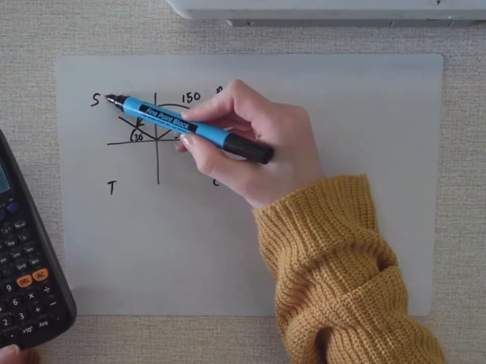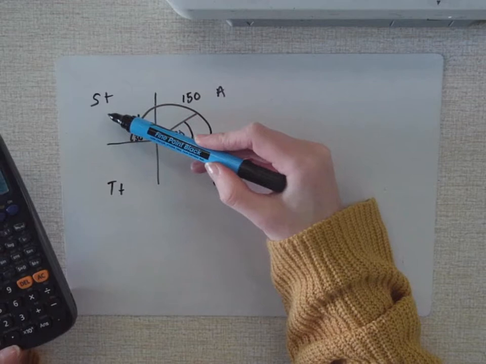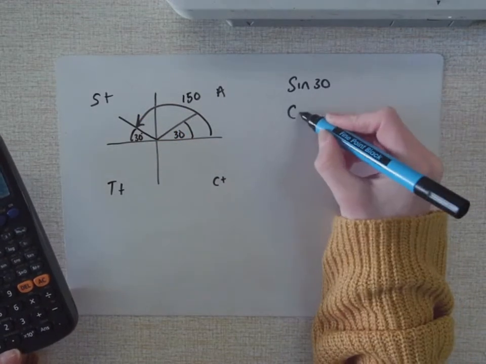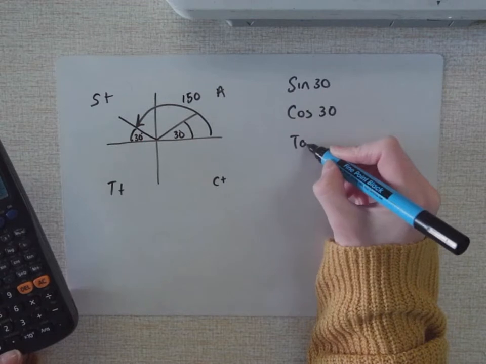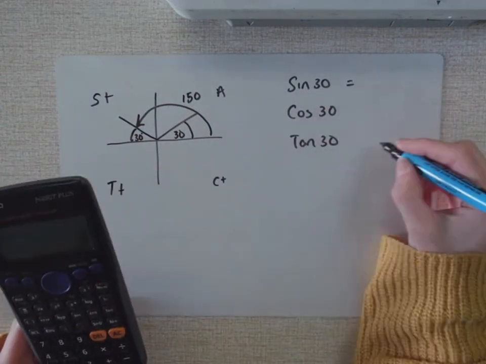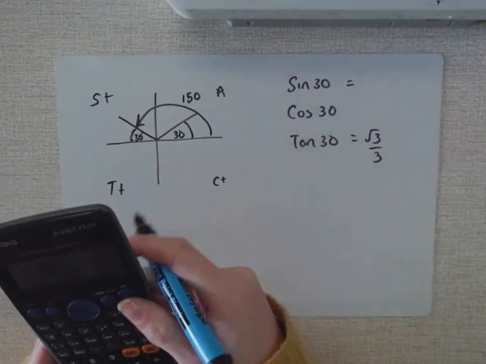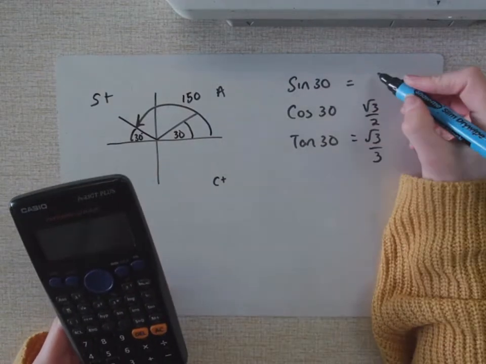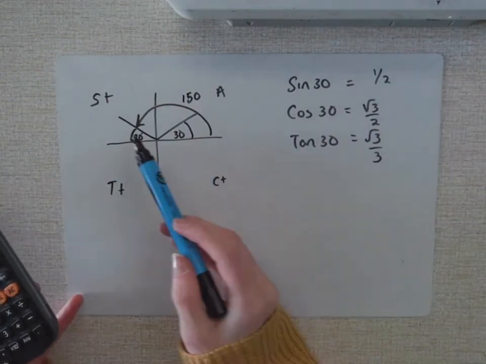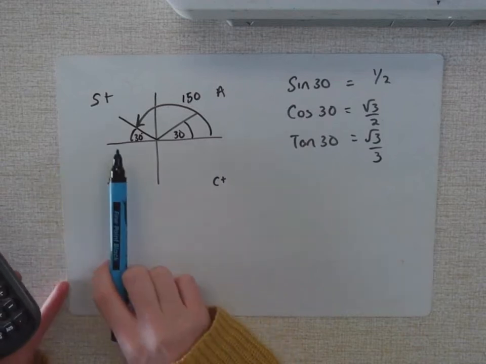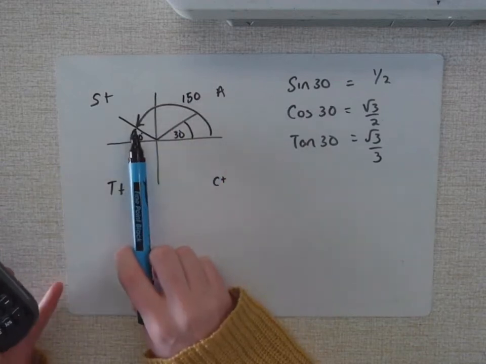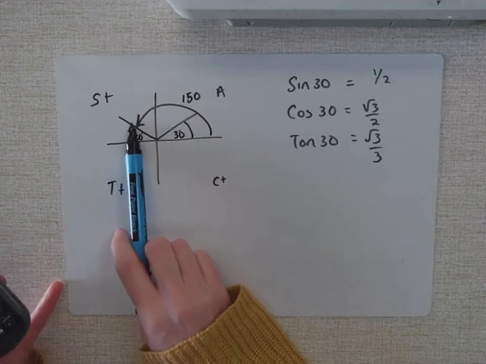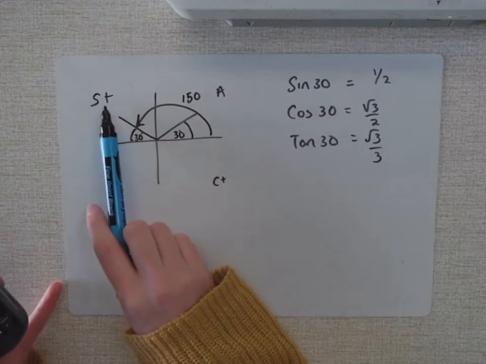If I'm asked for sine of 30, I'm just going to write out the answers again so that we don't have to keep going back. If I'm interested in sine of 150, I know that's the same as sine of 30 here, and sine is a plus.